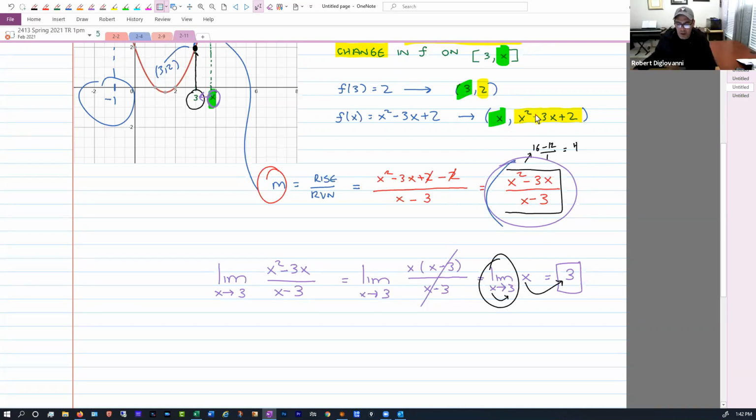Whichever one you choose, you can choose either one. You're going to take the y coordinate of one of them and subtract the other one, and then the x coordinate of one of them and subtract the other one. But you have to be consistent. Like if you choose this one and subtract that, then you have to do this one, subtract that. If you do this one, subtract 2, then you have to do this one, subtract 3. Is that your question? Yeah, it does.